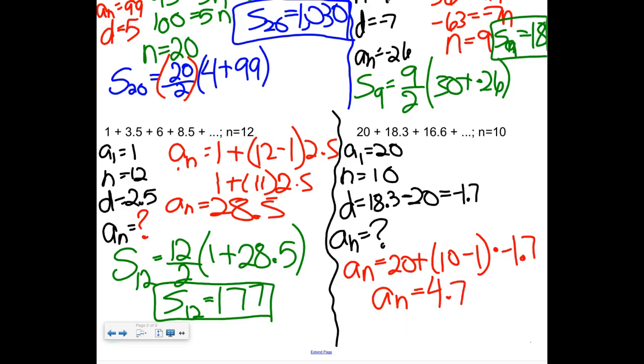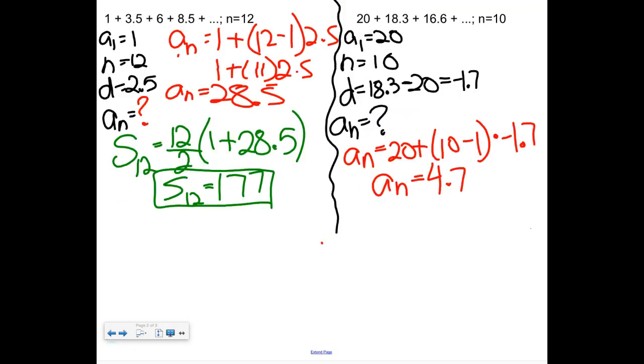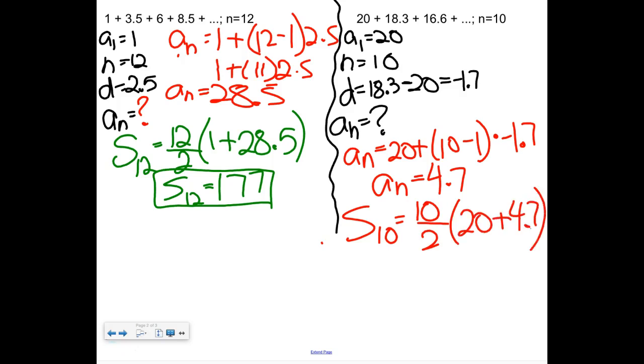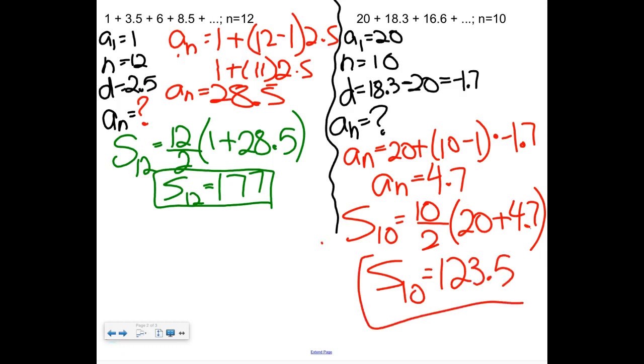Okay, and now we have all of our information, so now we can plug it into our series equation. And so I'm going to say S, our n is 10, so we'll have 10 over 2, our A1 and our A10 that we just found. Plug the whole thing in your calculator, and we are getting 123.5.